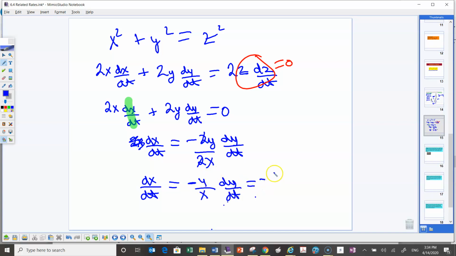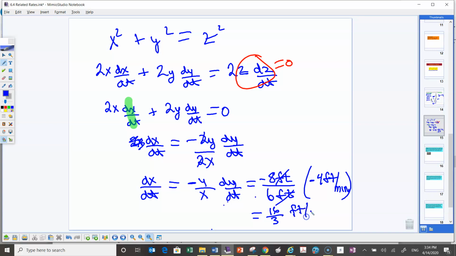Y was 8 feet, so it's negative 8 feet. X was 6 feet. And dy/dt was negative 4 feet per minute. So therefore, notice those feet cancel. I'm left with feet per minute. The two negatives become positive. 8 times 4 is 32 over 6, which ends up reducing to 16 over 3 feet per minute.